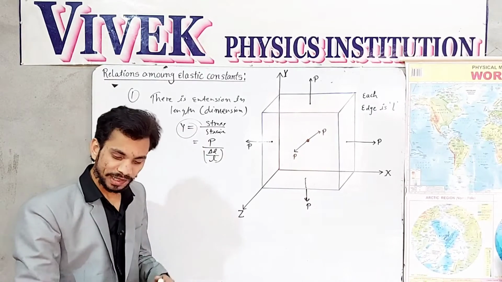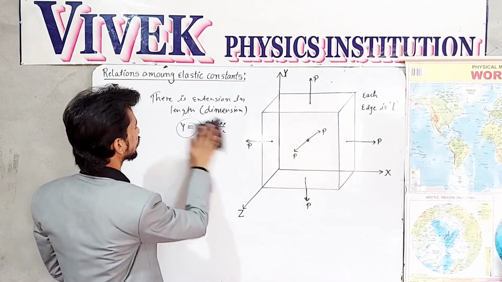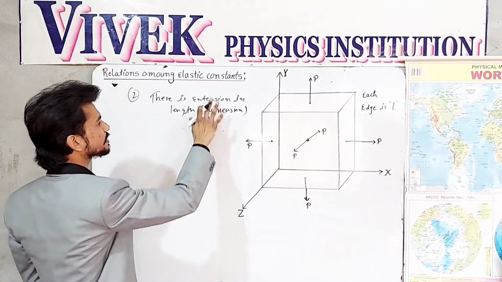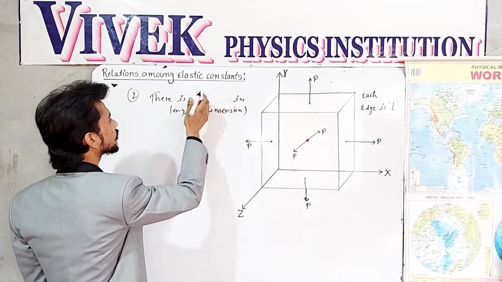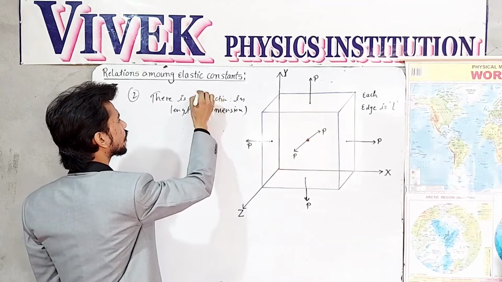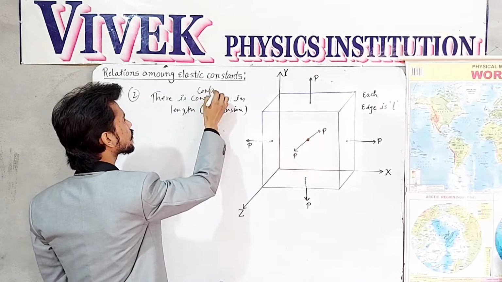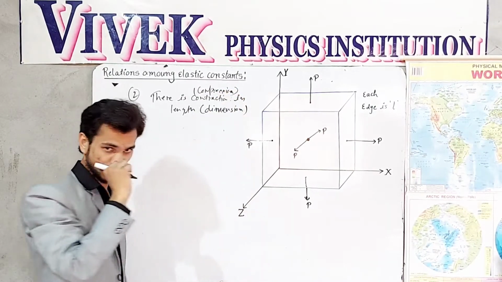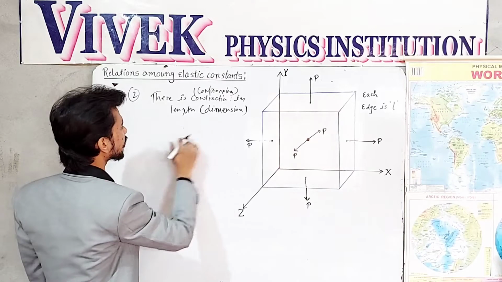Another consideration is whenever there is a compression or contraction, we should use the Poisson ratio. So what about the Poisson ratio?